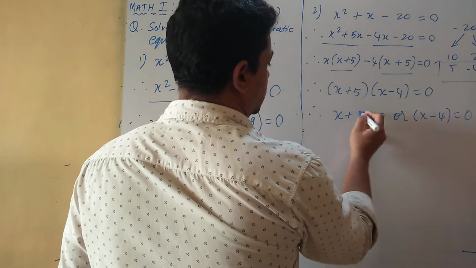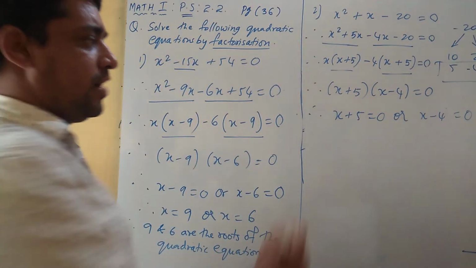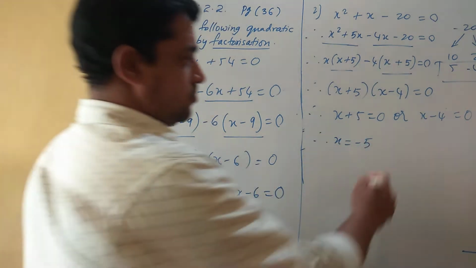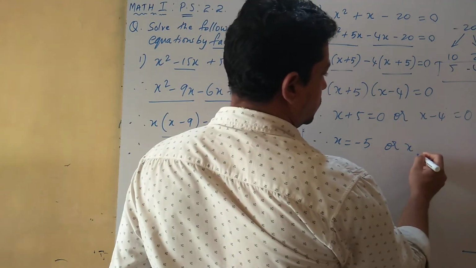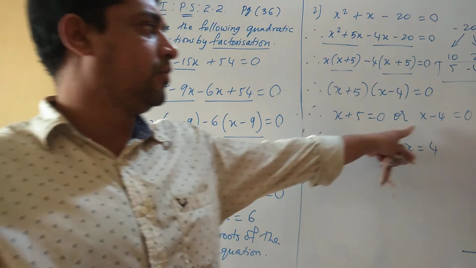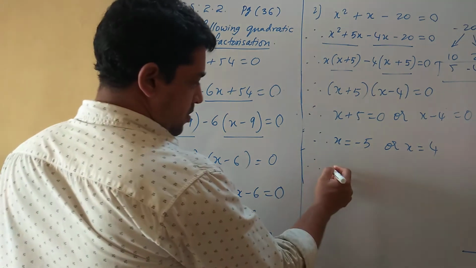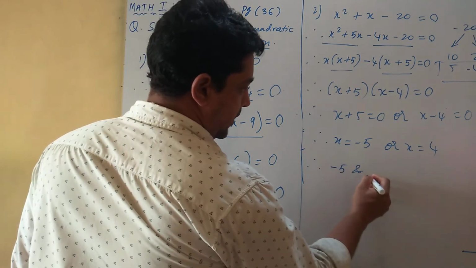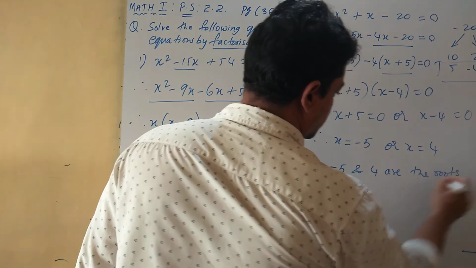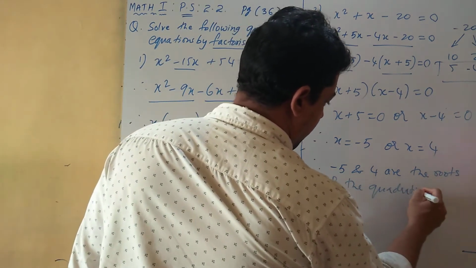Therefore, x is equal to minus 5, or x is equal to 4. Positive will become negative, negative will become positive. Correct? Easy. So minus 5 and 4 are the roots of the quadratic equation.